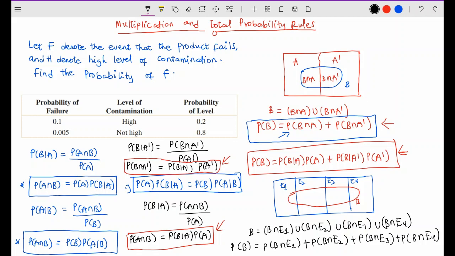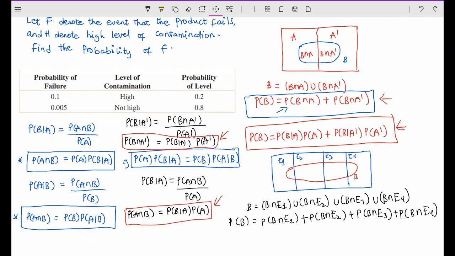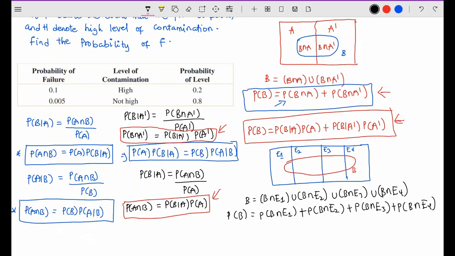So from here you can apply the multiplication rule. Let's look at that. You can apply the multiplication rule here also.